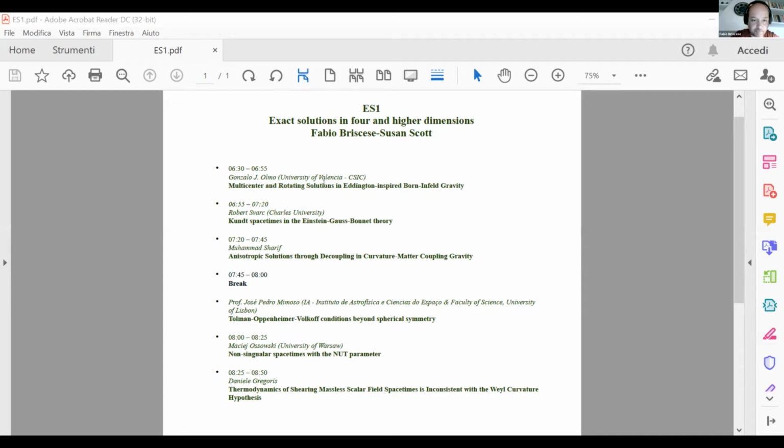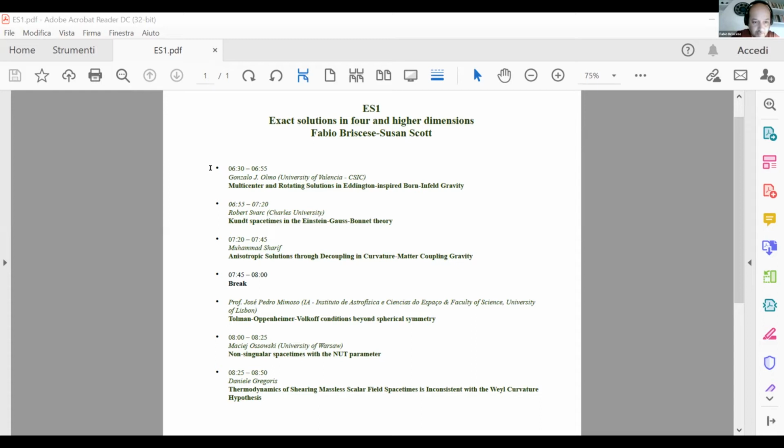So welcome to this session on exact solutions in 4 and higher dimensions. This is almost the last day of this nice meeting, and today we have this list of speakers.